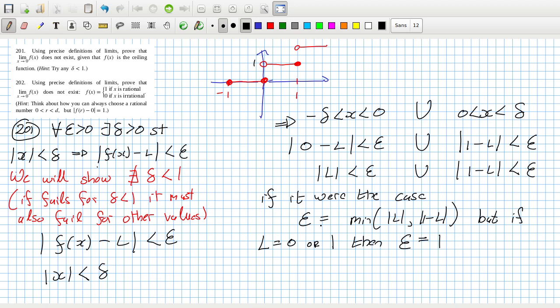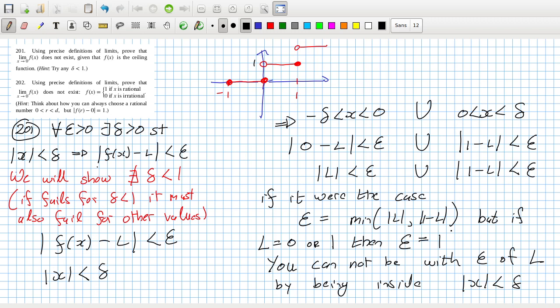So under this situation, you cannot be within epsilon of L by being inside your x less than delta interval. So yeah, it's similar to the proof we did last time, I think.